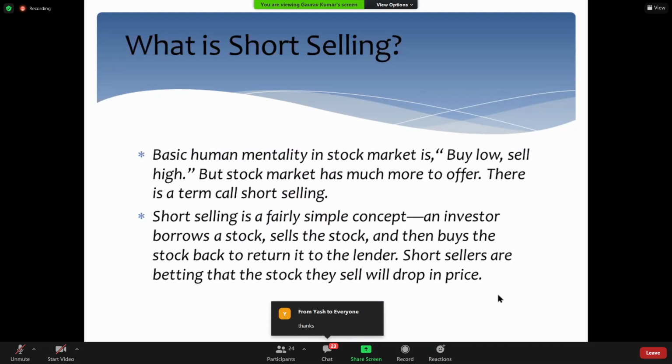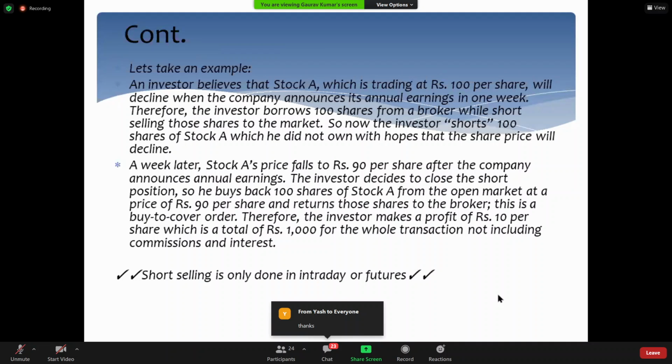Moving forward, here is the example that I gave you just now. An investor believes that stock A, which is trading at 100 rupees per share, will decline when the company announces its annual earnings in 1 week. Therefore, the investor borrows 100 shares from a broker. He hasn't bought them, he borrows them.